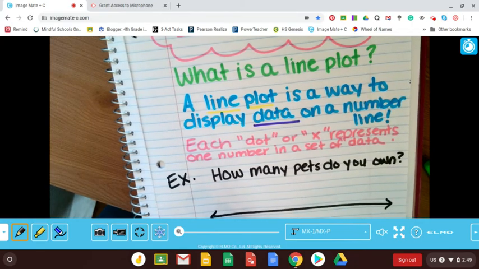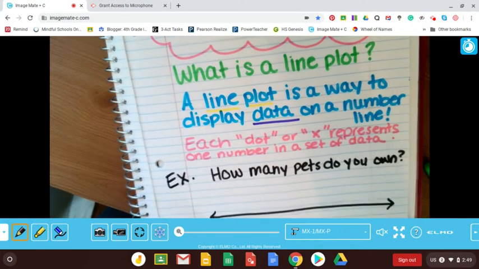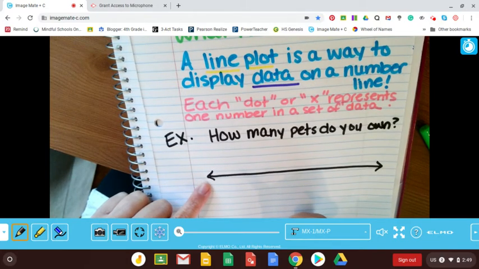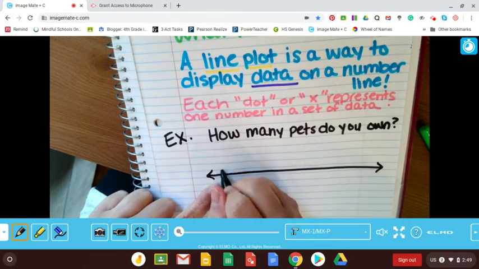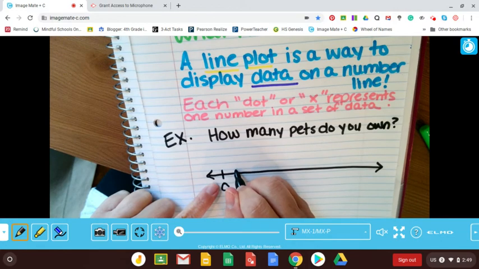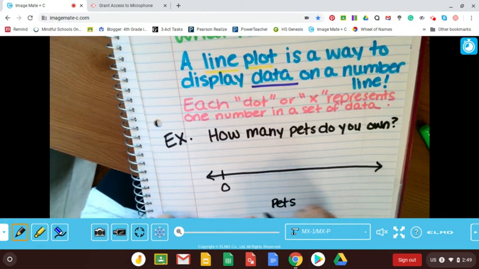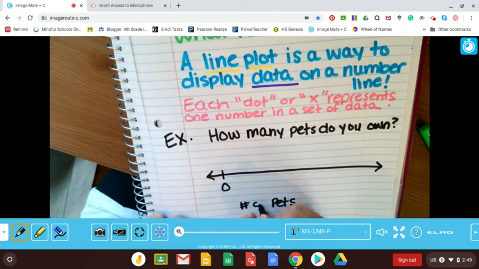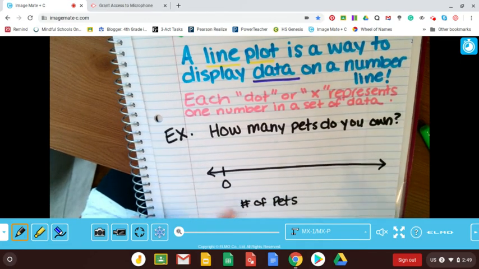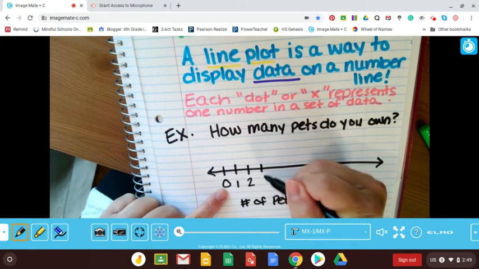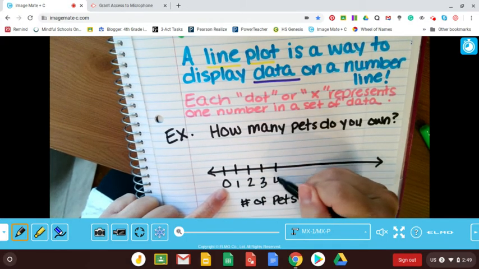I just draw a regular kind of a number line. And let's say I asked 10 people. So these down here would be my number of pets, right? All right. And I asked 10 people. So these are the pets here.